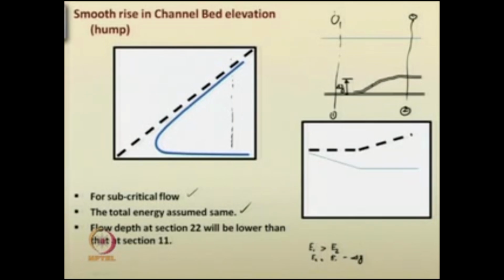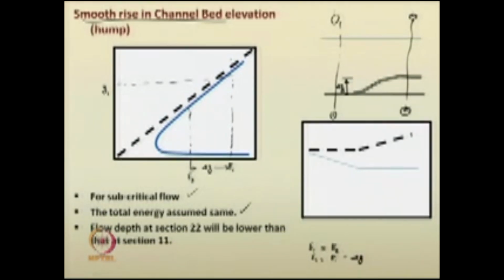So, for smooth rise in channel bed conditions, this is the E1, the corresponding depth is Y1, fine. Then let this be the hump height. So, this becomes E2, the corresponding depth is Y2.